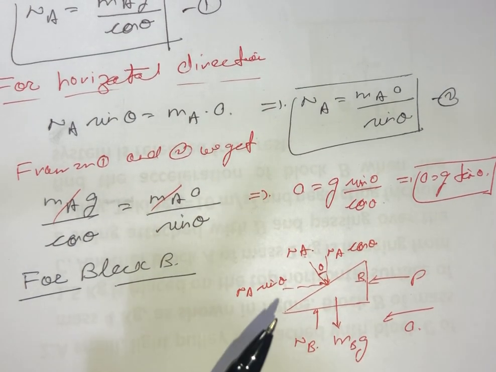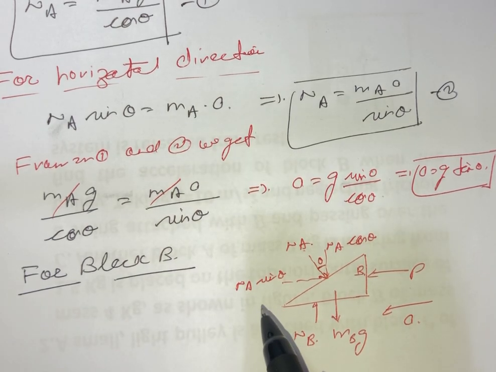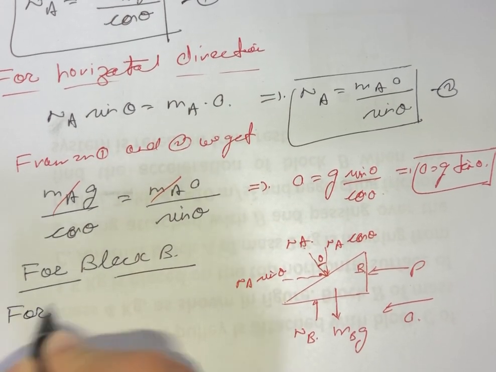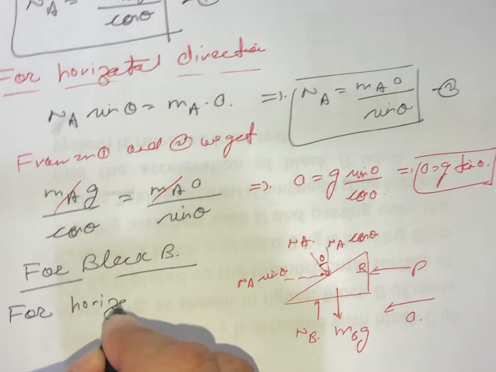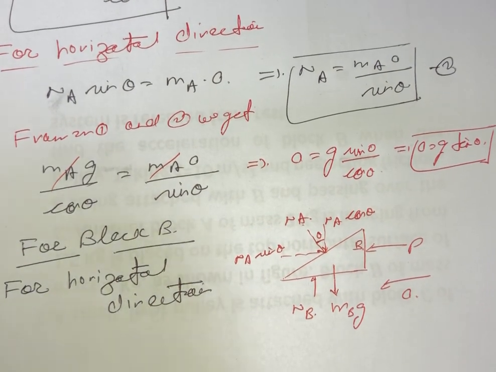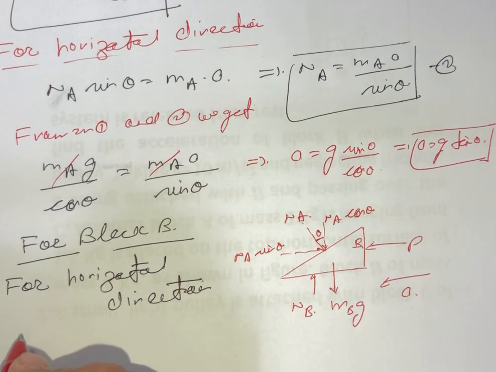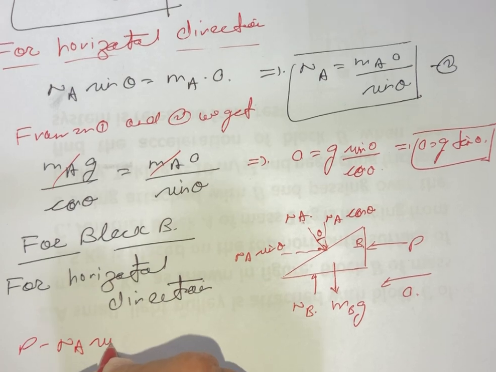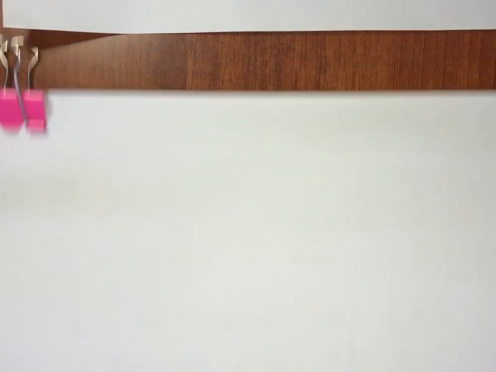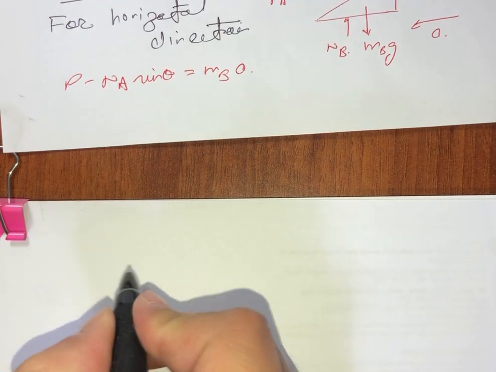So once again let us resolve the forces. For the horizontal direction, we can say P minus NA sin of theta is equal to MB multiplied by A. Now we already know the value of NA as well as acceleration A. So we can modify this equation.